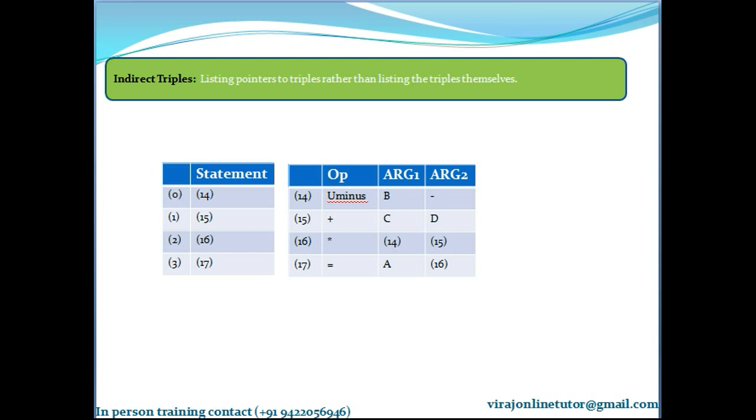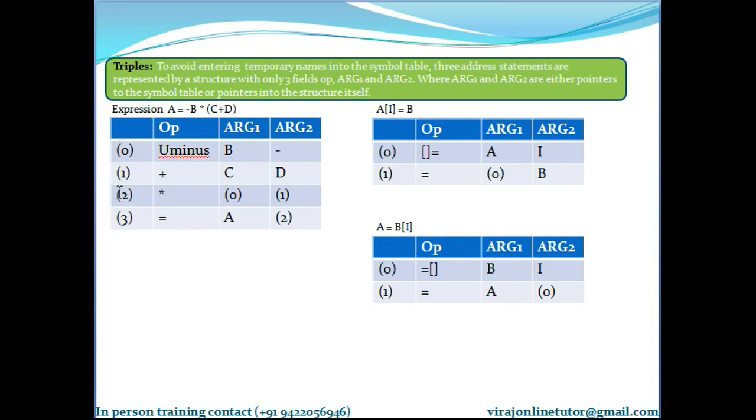So in the case of direct triples, moving a statement that defines a temporary value requires us to change all the pointers to that statement in argument 1 and argument 2. Here 0, 1 and 2 define temporary variables, right?